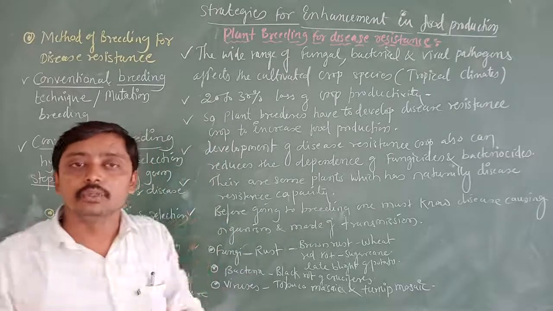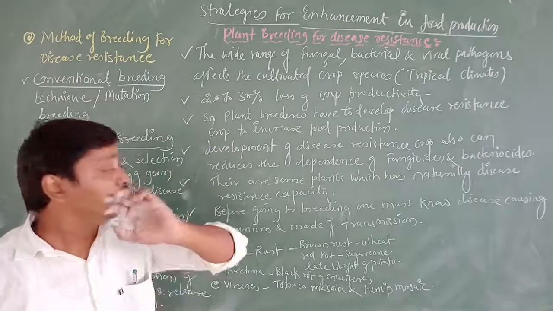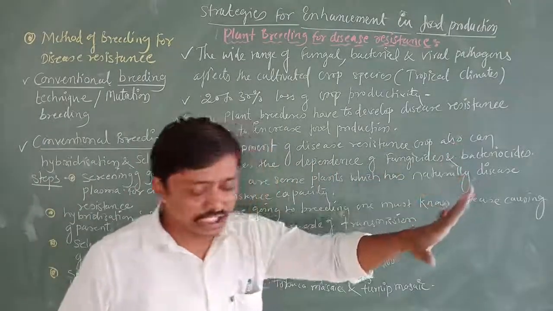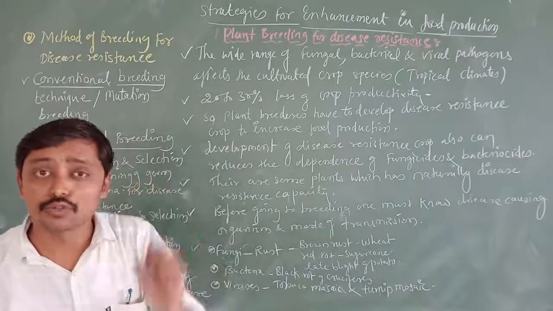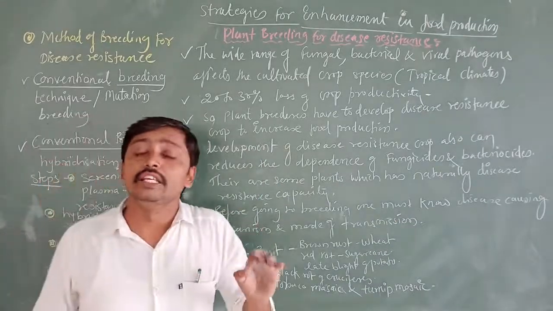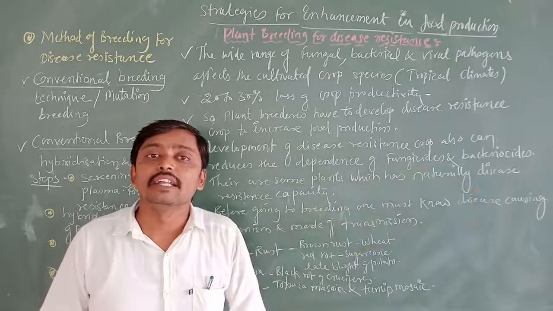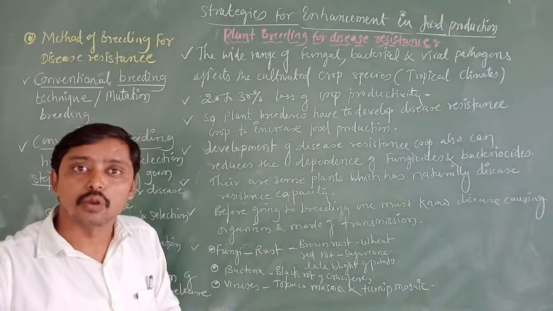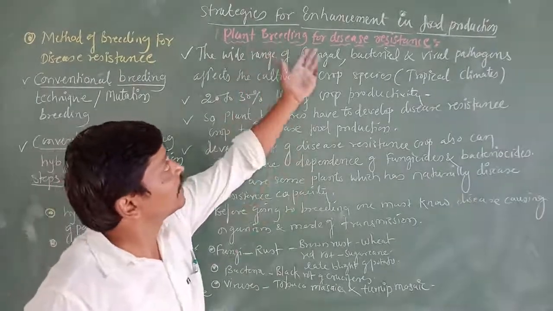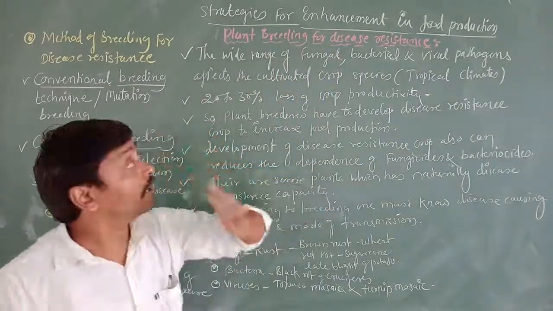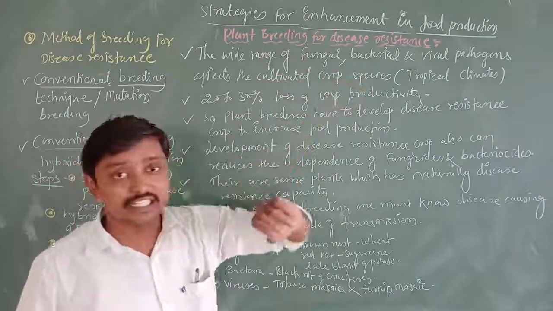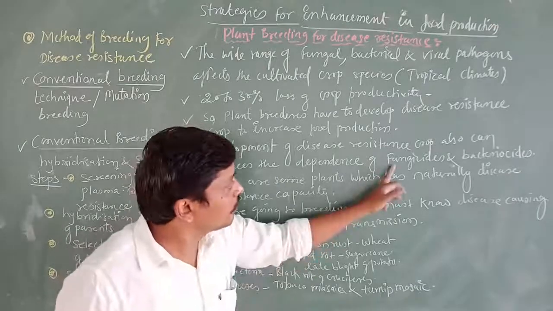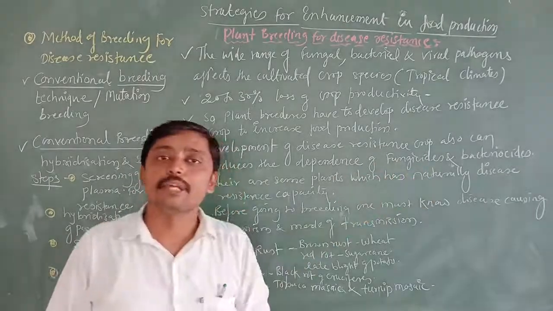Another important point: if we reduce the dependence on fungicides and bactericides, we contribute to the environmental conditions, in the sense that the pollution can also be controlled. So when we use plant breeding for disease resistance, we reduce the dependence on fungicides as well as bactericides.